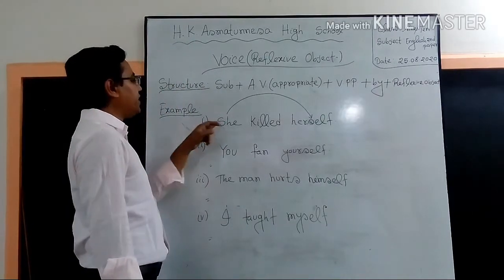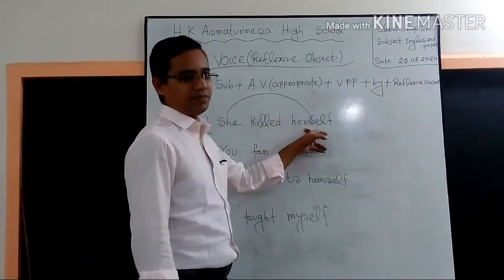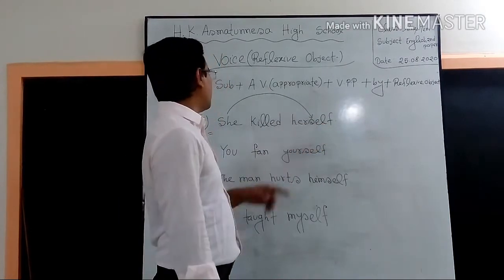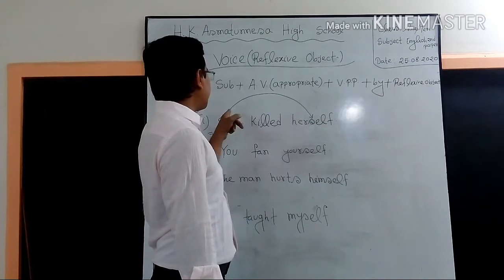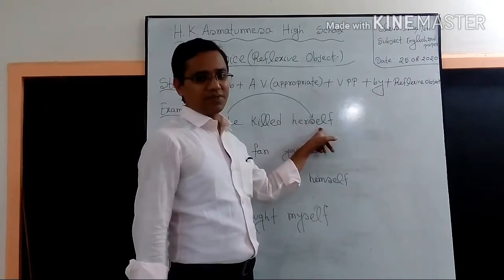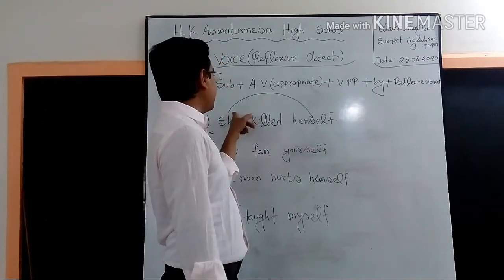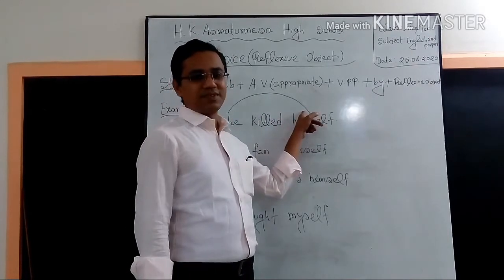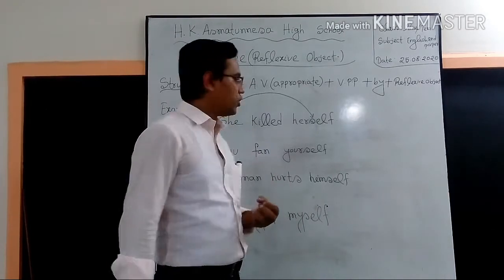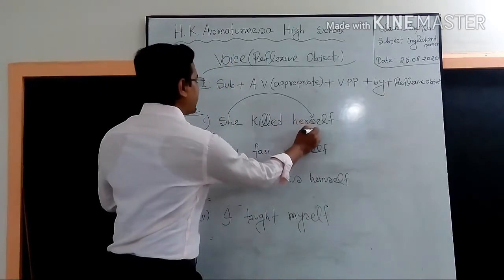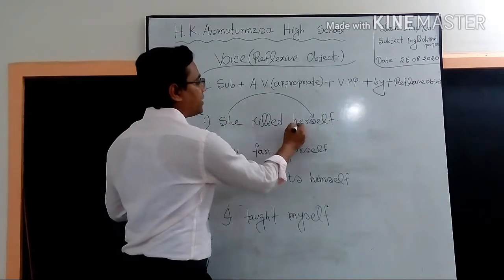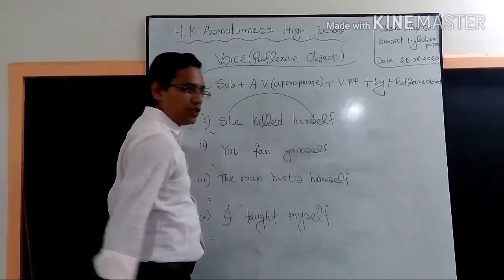The first sentence is: she killed herself. In this sentence, the subject is she and the object is herself. So she and herself are the same person, isn't it? So this object has been derived from this subject. That is why we will call it reflexive object.